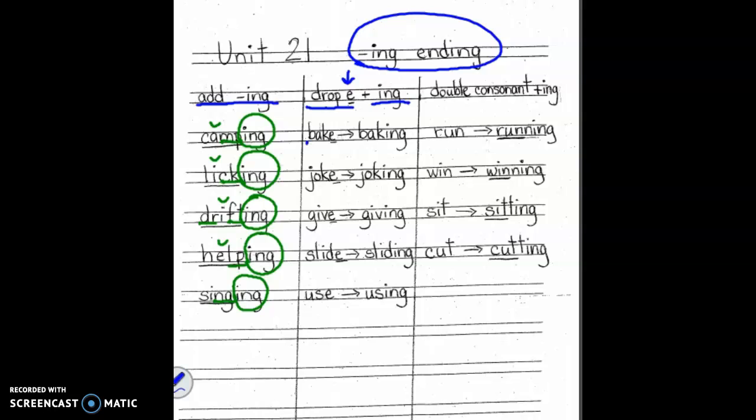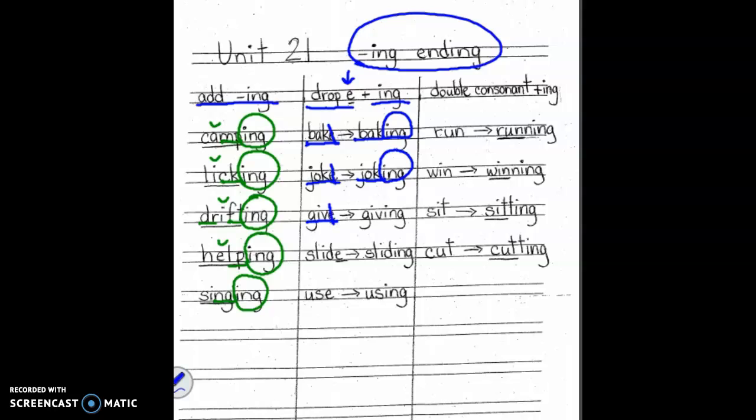So we have the word bake. And the silent e, before we go to add the ing, we drop the e and then add the ing to the word. So it becomes baking. The word joke, we drop the e and then we add the ing to become joking. The word give has a silent e.